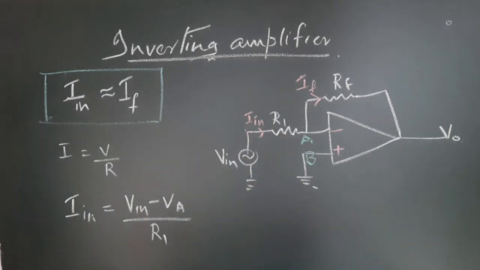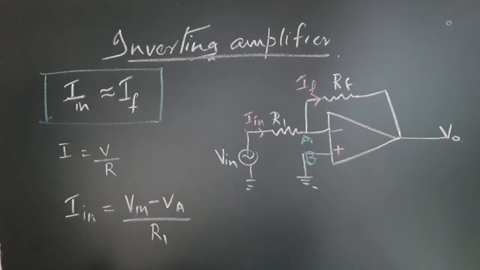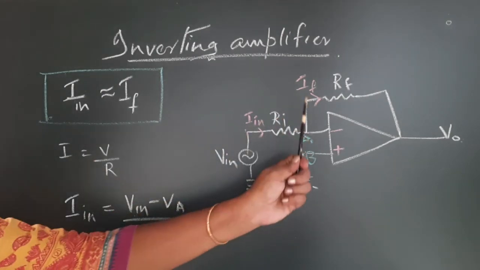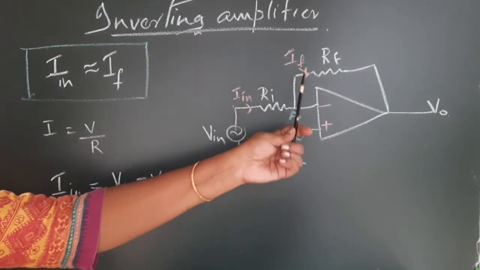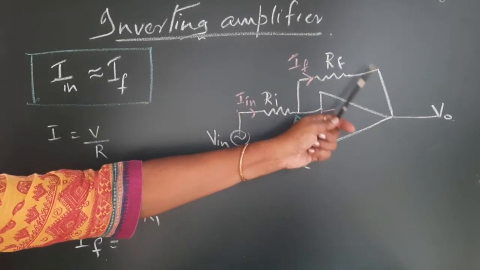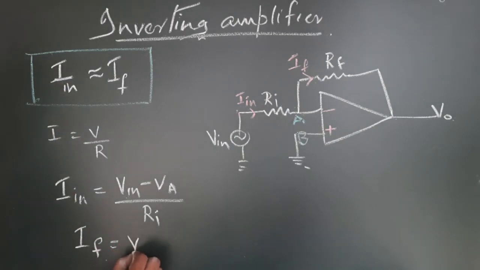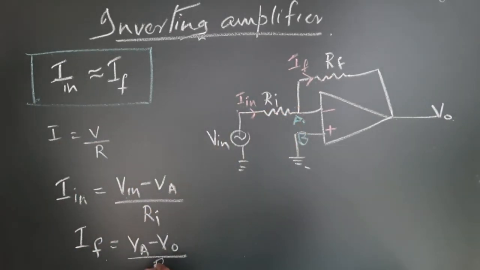So, this is the expression for input current. Iin equals Vin minus VA by Ri, if I call it Ri, input resistance. Okay. Now, how can I write IF? IF is equal to the voltage at this end, which is VA, and the voltage at this end, which is Vout. So, VA minus Vout by the resistance here, which is RF.